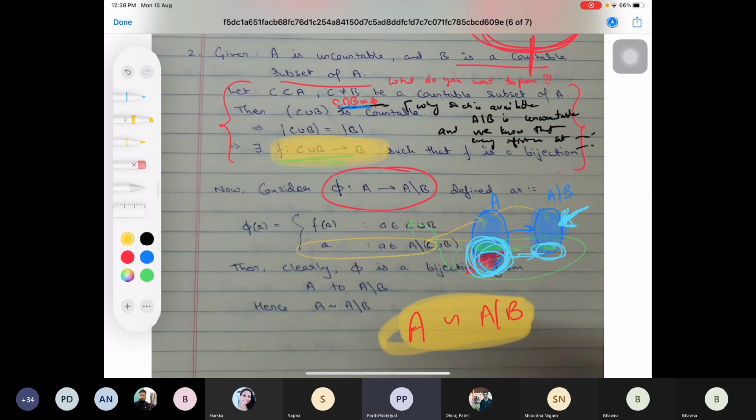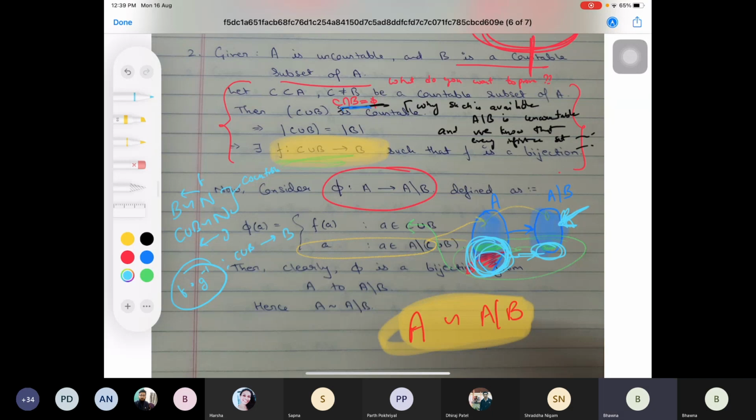Both of them are countable, because B is equivalent to N and C union B is also equivalent to N. So there will be a map F from N to B and G from N to C union B, which are both bijections. If I take G inverse composed with F, that will be a bijection from C union B to B.